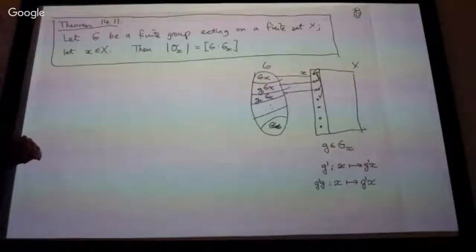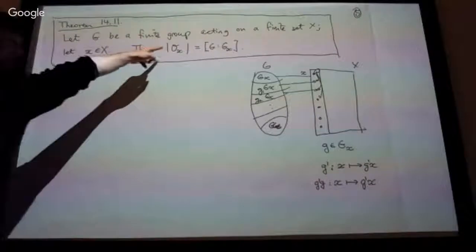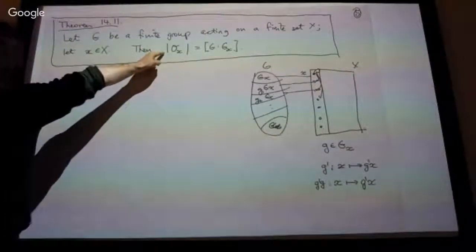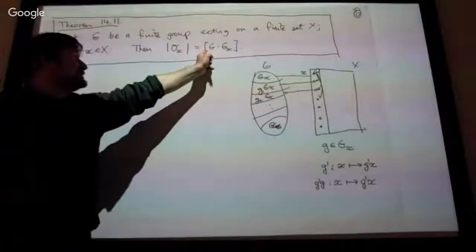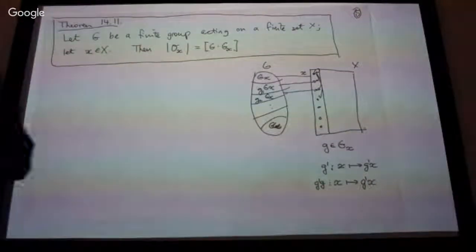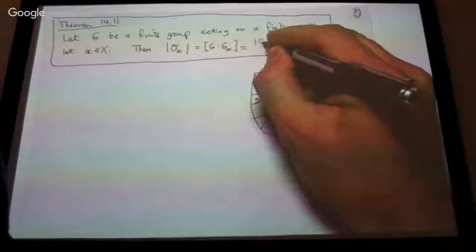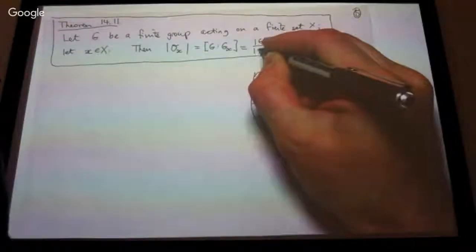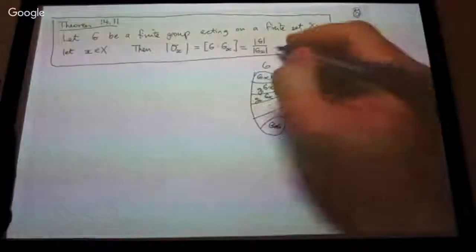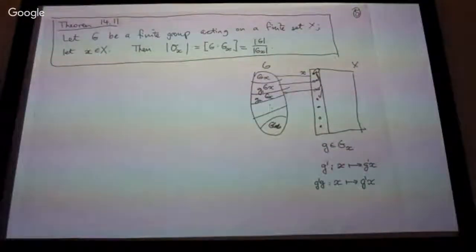And this theorem is basically saying that the size of each orbit is equal to the index of the stabilizer in G, which, I should add, is the size of the group, as we know from before, divided by the order of the stabilizer.